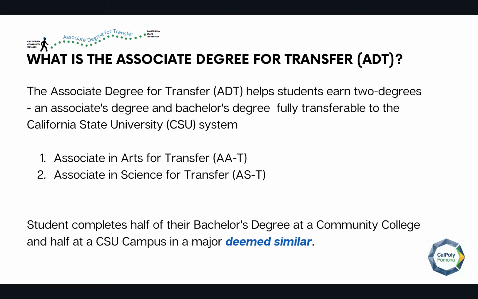So again, there are 2, AAT or AST. Once you transition to the CSU system of your choice, you will have the opportunity to work for that bachelor's degree. You're setting up your pathway to receive not only your AAT, but your bachelor's of arts or bachelor's in science. So you have those 2 routes.